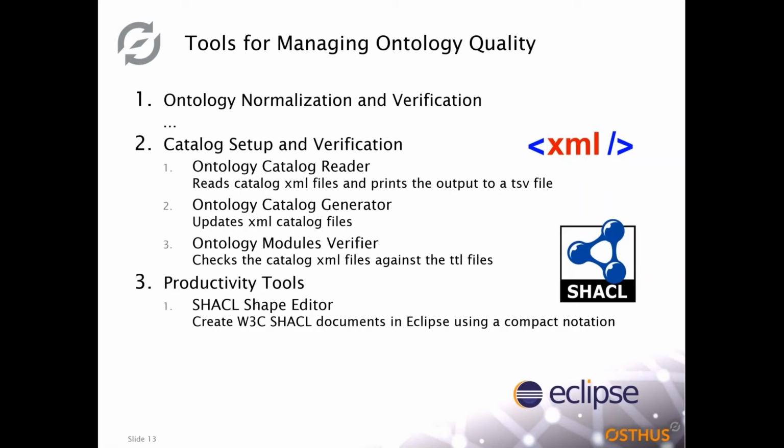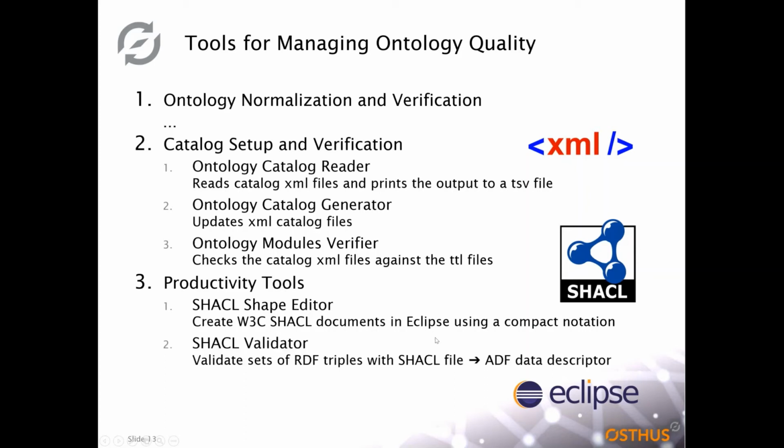Our next section of tools are some productivity tools. I'm not personally involved with those, so I can't tell you much about them. I just wanted to mention them so you know that they're available, and they revolve around SHACL shapes. One tool is an editor, so you can easily edit SHACL shapes in the Eclipse environment.